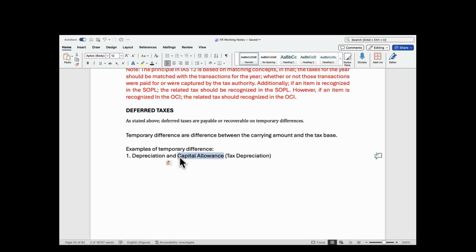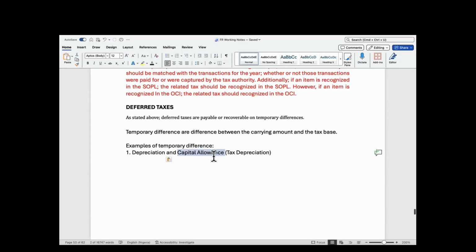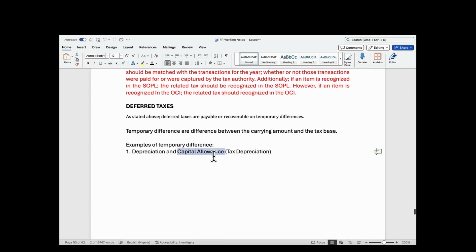And this capital allowance, what the taxman will recognize for you, especially in the old tax law, is usually much more. They can give you initial allowance 50%, annual allowance 25%. So it's a lot. Then subsequently, it will be small, small, small.